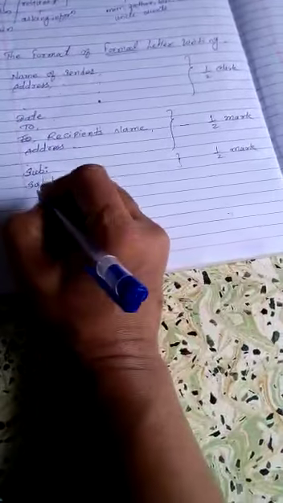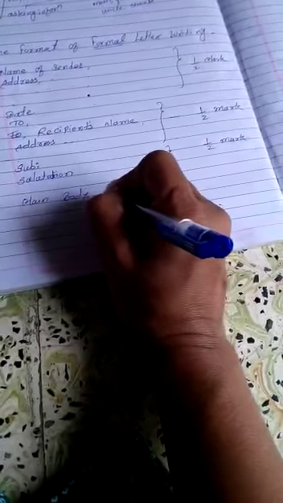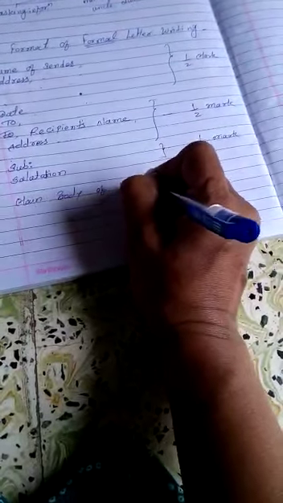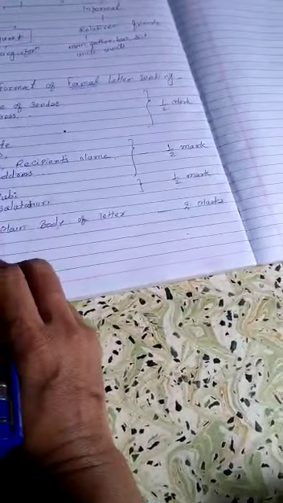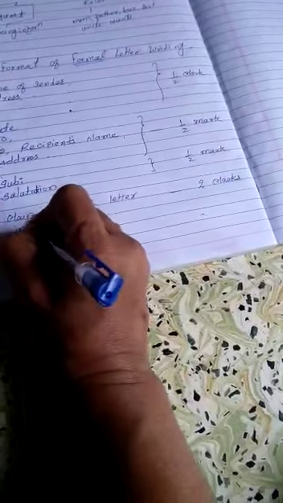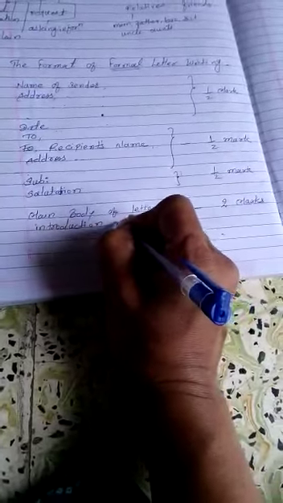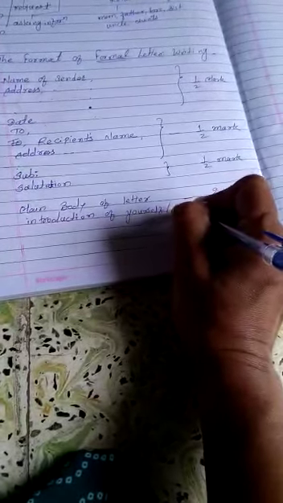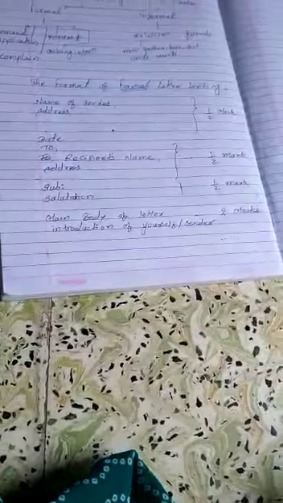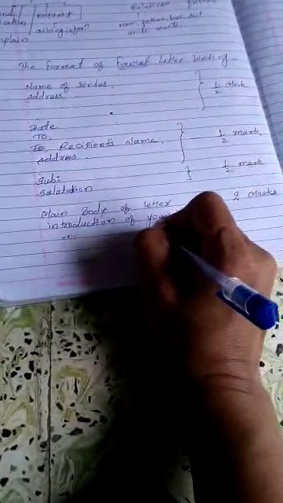Then here is the main body of the letter. Main body of letter, it carries 2 marks. Okay. Here you have to give the introduction of yourself, means sender is yourself. Then introduction of subject.